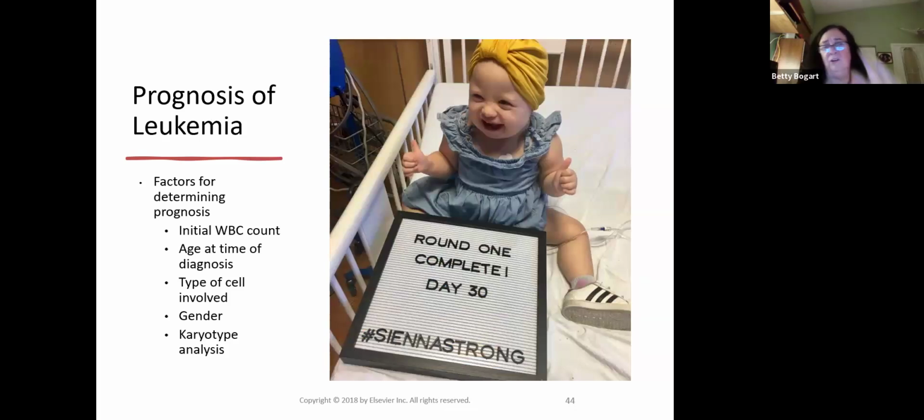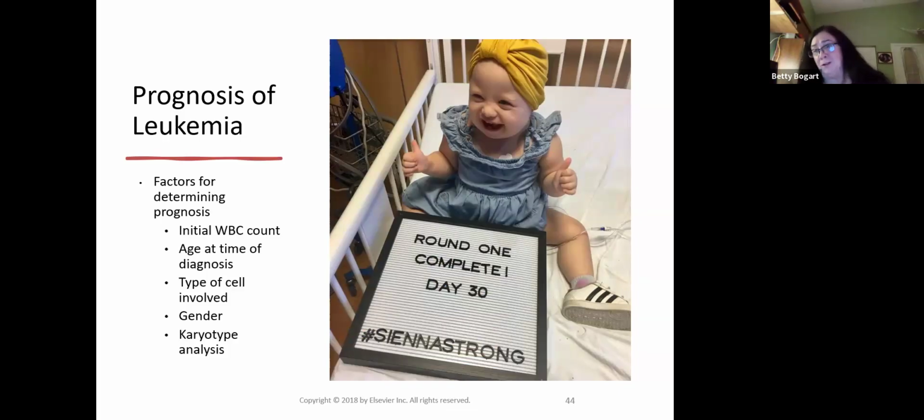Prognosis isn't bad, believe it or not. Girls do better than boys, and there are different white blood cells. There's ALL, the lymphocyte, and there's AML, which is the monocyte. That's the hard one. AML is harder than ALL. It just is, whatever it is. The other thing is, what's your blood type?